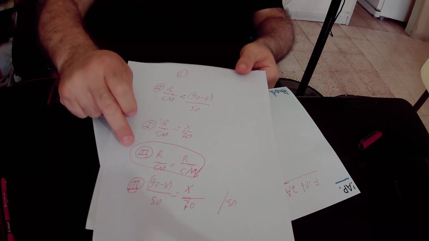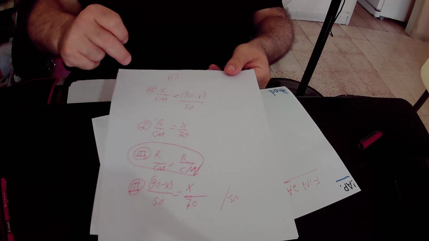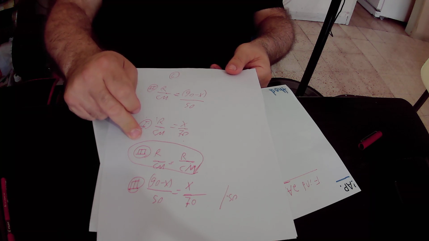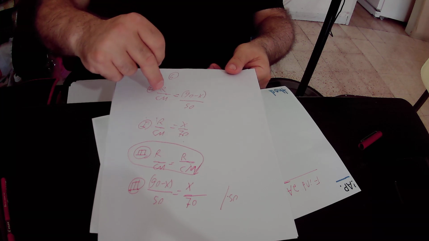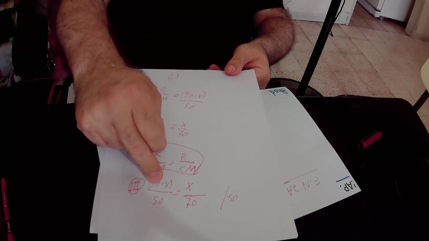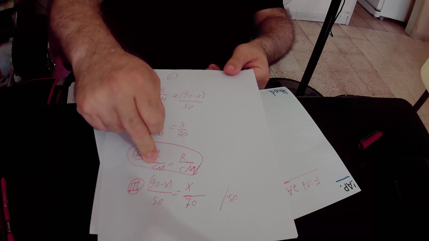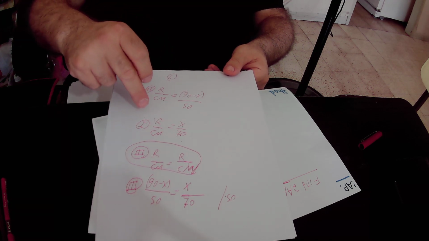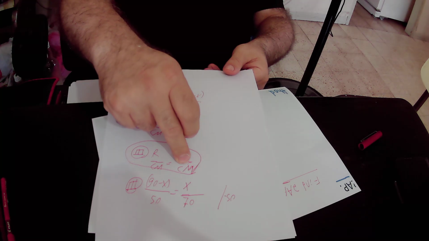So we can create the third equation that states that R over CM equals R over CM. And then we can put in this equation the value of R over CM from the second equation here, and the value of R over CM from the first equation in this side of the equation.